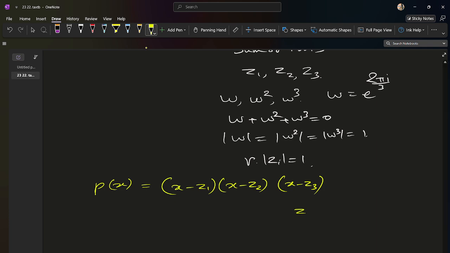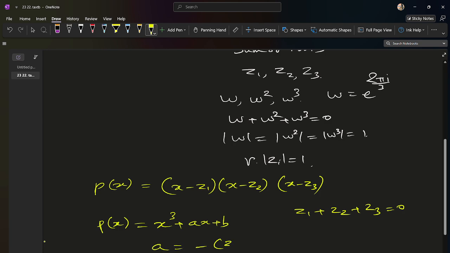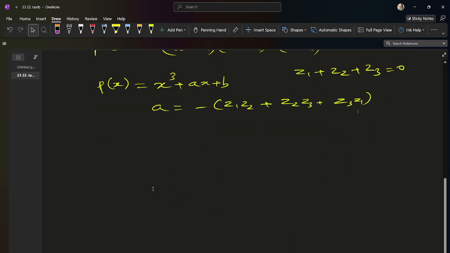Using z1 plus z2 plus z3 equals 0, our p of x will be x cube plus ax plus b, where a is z1 z2 plus z2 z3 plus z3 z1, and b will be minus z1 z2 z3.